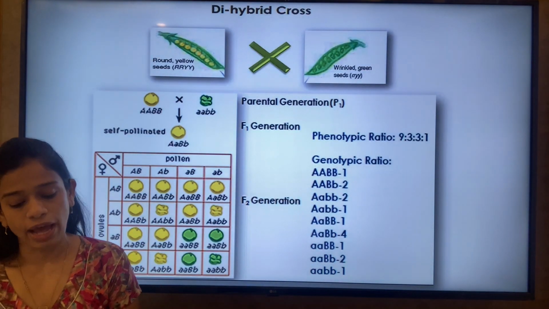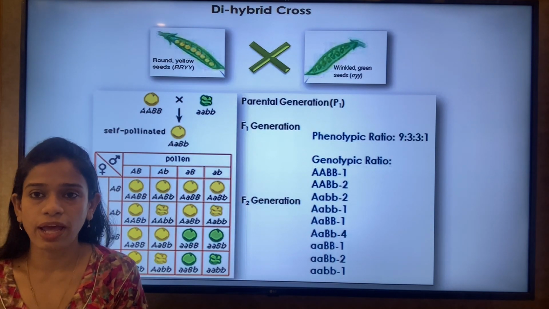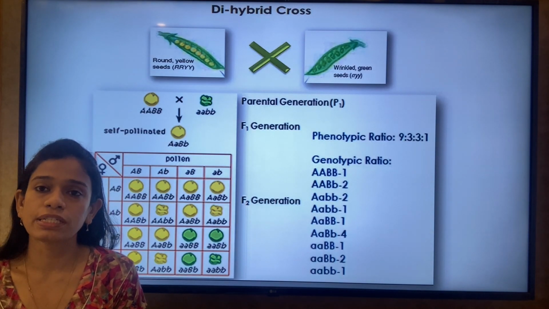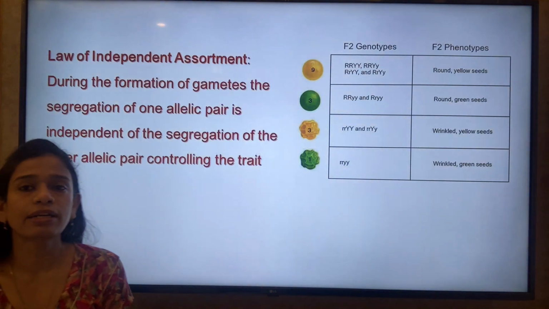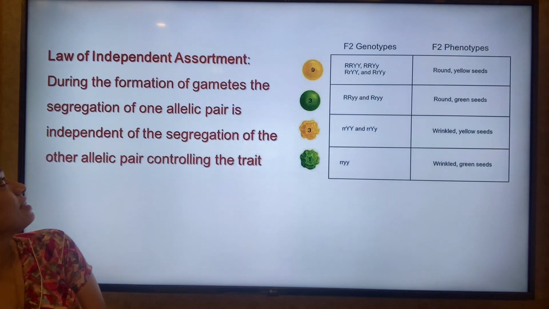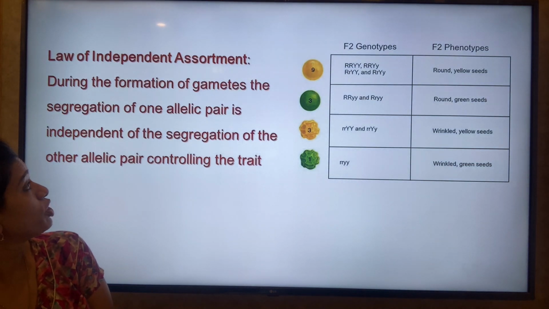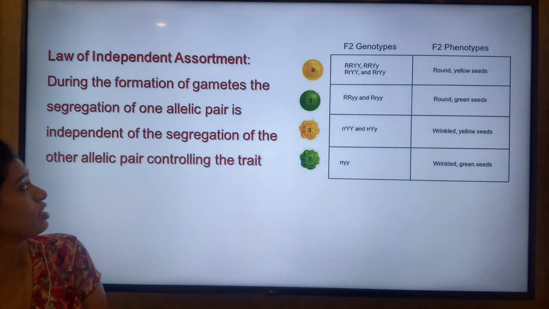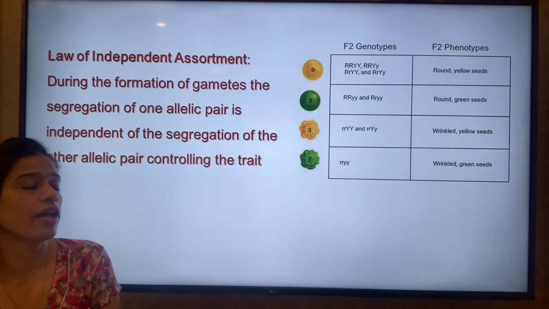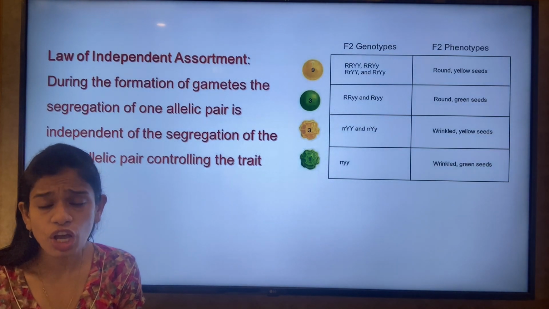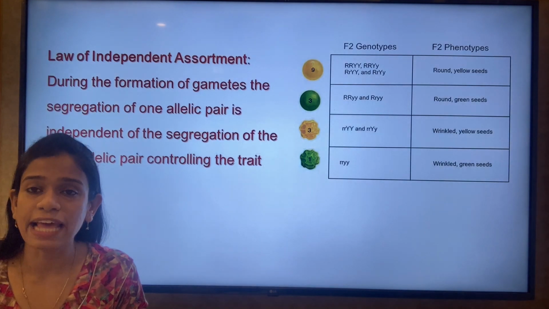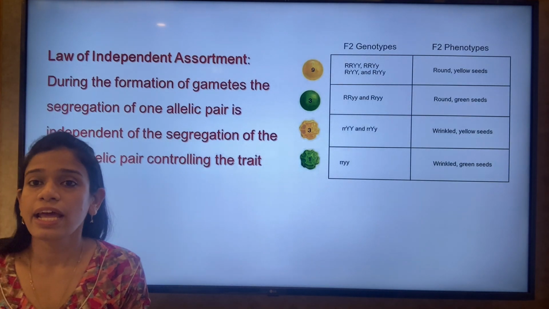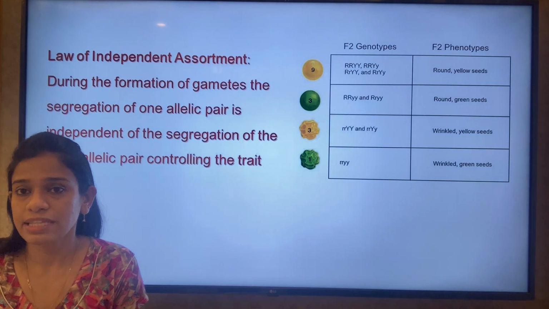So this is about the dihybrid cross, and based on this dihybrid cross, Mendel postulated another law, that is the law of independent assortment. What does it state? During the formation of gametes, the segregation of the allelic pair is independent of the segregation of the other allelic pair controlling the trait. So during the formation of gametes, all the traits segregate from each other. They do not stay together, they segregate.